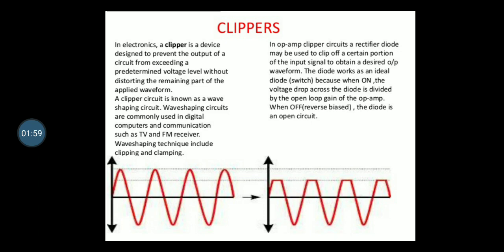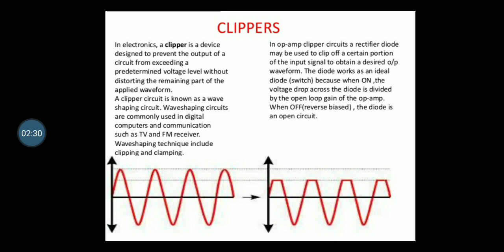In op-amp clipper circuits, a rectifier diode may be used to clip off a certain portion of the input signal to obtain a desired output waveform. The diode works as an ideal diode, meaning a switch, because when on, the voltage across the diode is divided by the open loop gain of the op-amp.